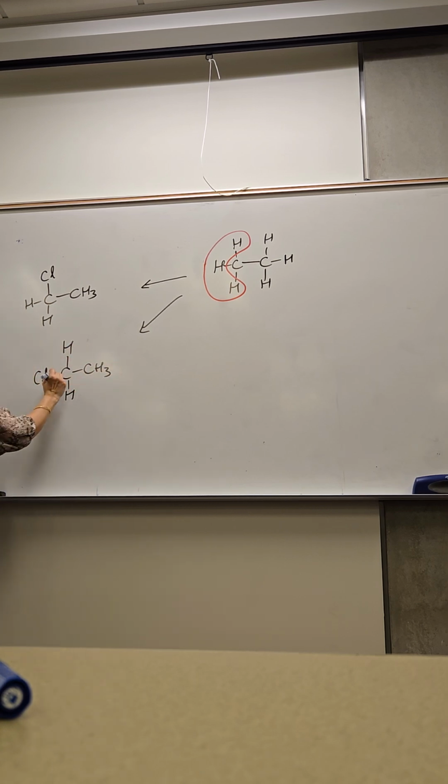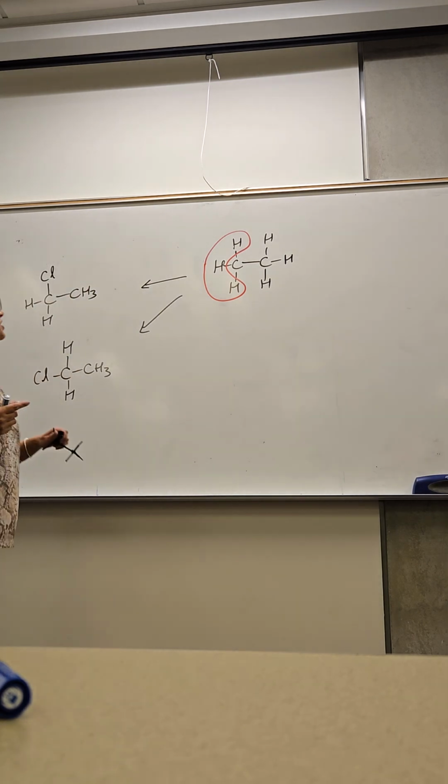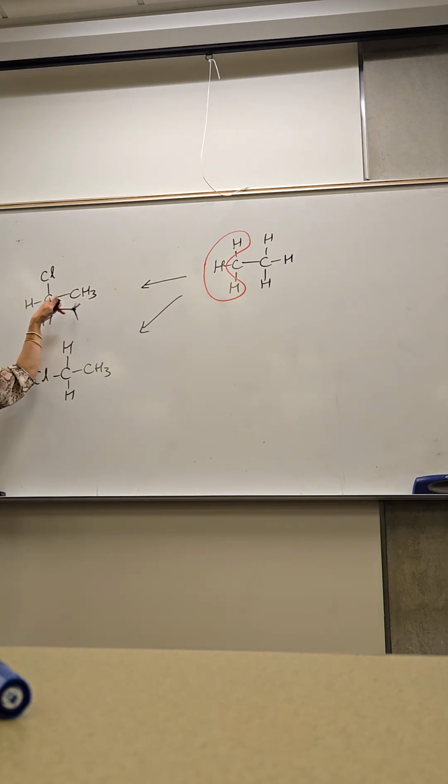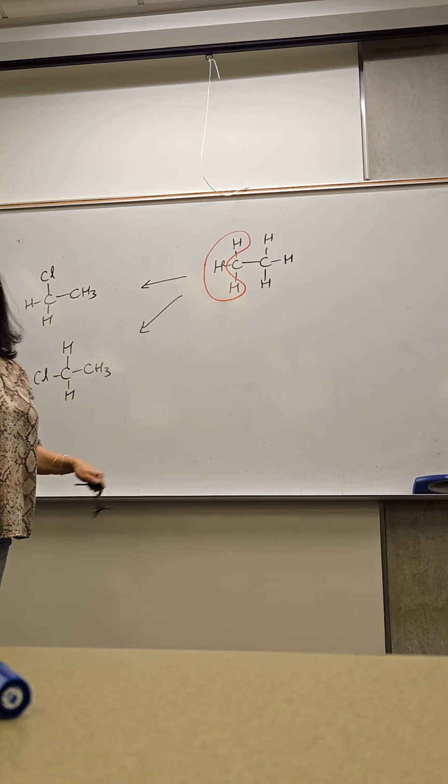Are these the same or different? What is the name of this molecule? This should not take this long. Chloroethane. Even if you call it 1-chloroethane, I'm happy with that also.